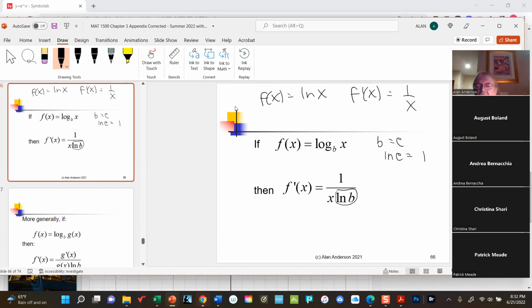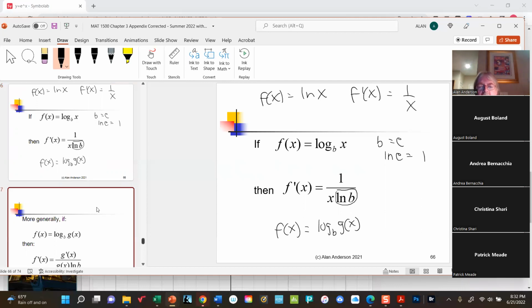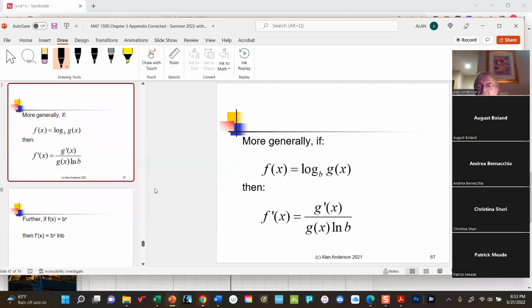What about then this case? Oh boy, what do we do now? Well, once again, it's very similar to the rule for the natural log.